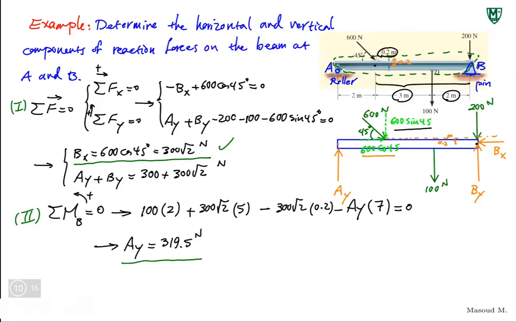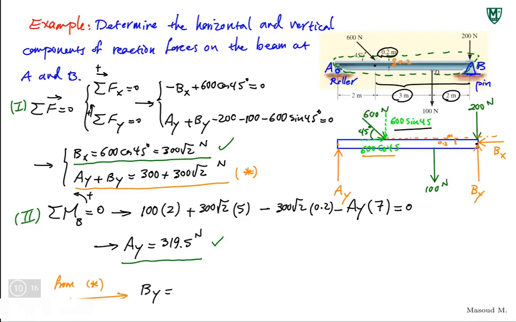So I got BX, I got AY. Knowing AY, I can go back to this equation, right? This one there, and call it equation star. So from star, now I can find BY.